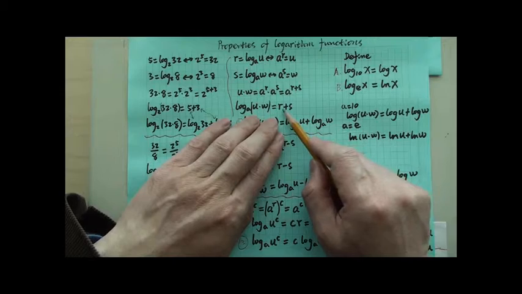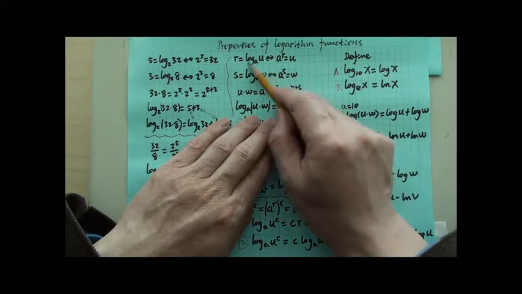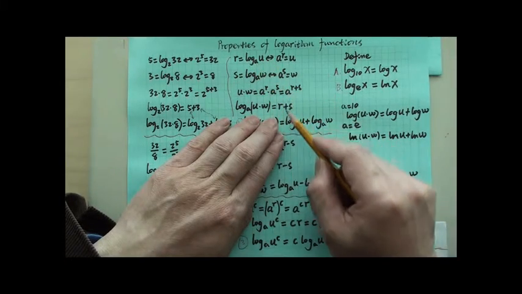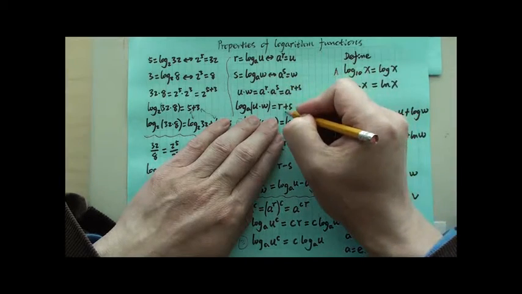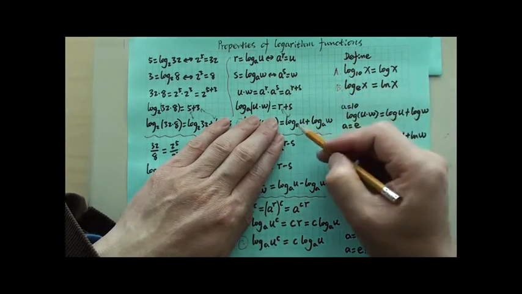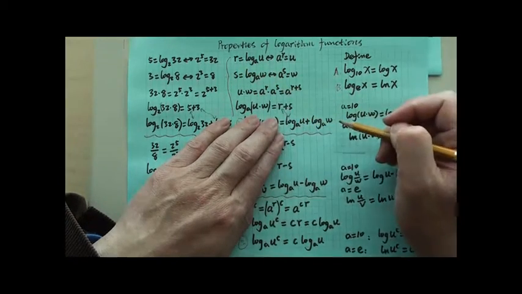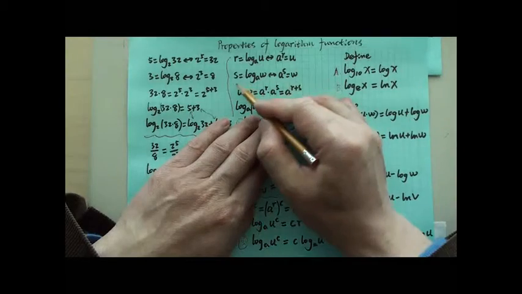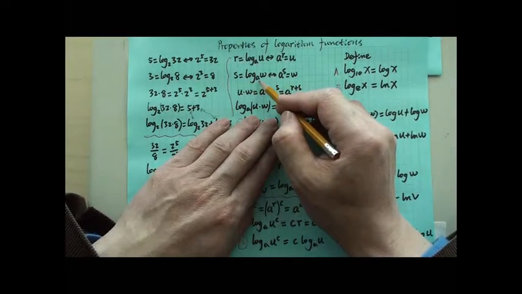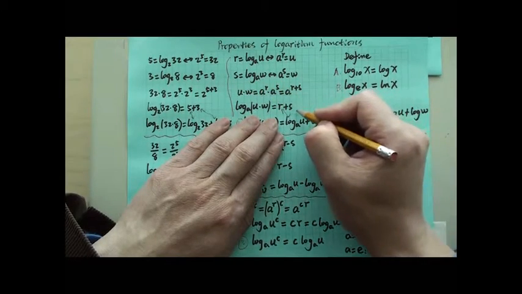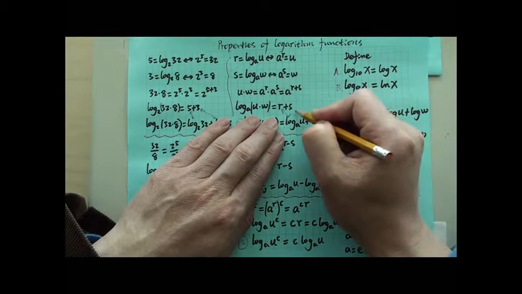But remember, what is r? r is log base a to the u. So u again. Use log base a to the u to express r. What is s? Same thing. s is log base a to the w. Okay.